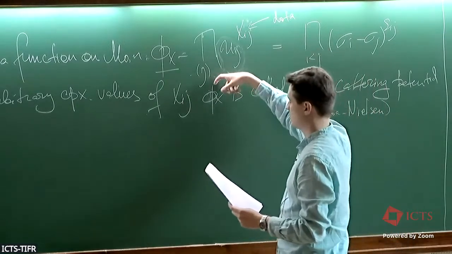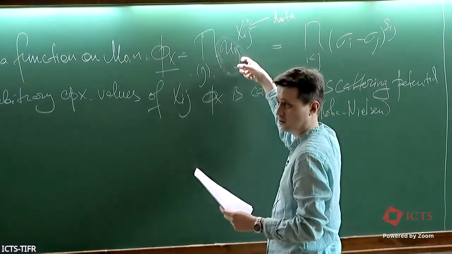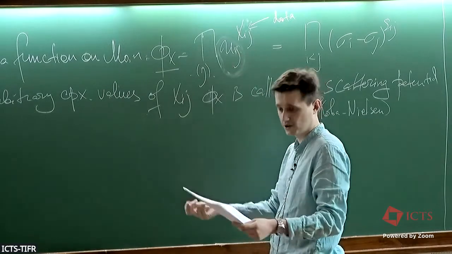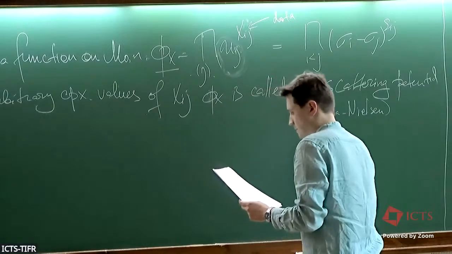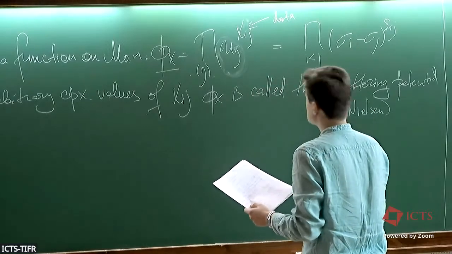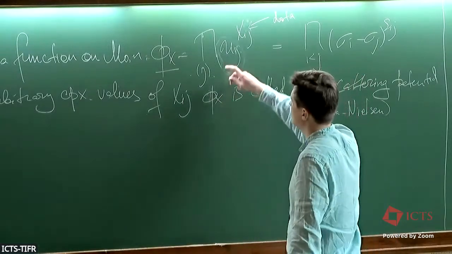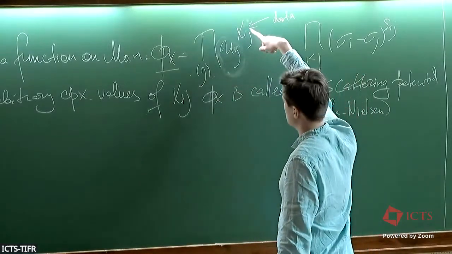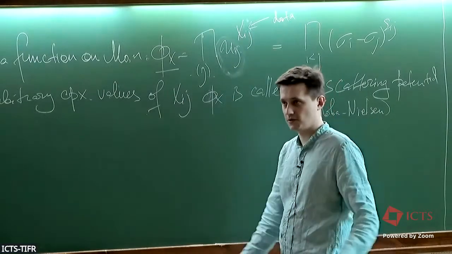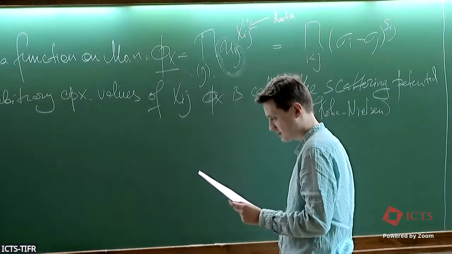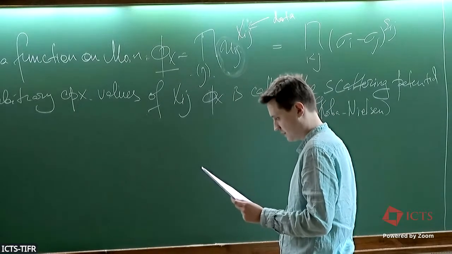Here we take the product over all pairs ij such that i and j are non-adjacent. Well, the problem with this function is that it's a function of complex variables and it's multi-valued, right? We have this regular function and we raise it to a complex power. This is bad because it introduces branches of complex valued analytic functions, and we want to fix this.